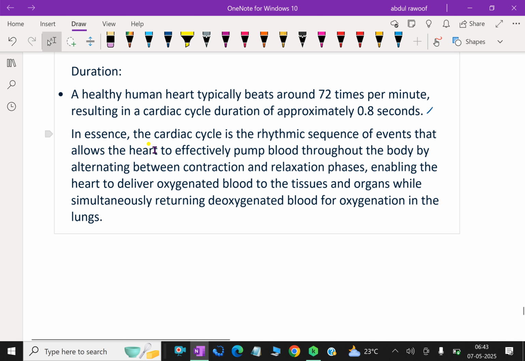In essence, the cardiac cycle is the rhythmic sequence of events that allows the heart to effectively pump blood throughout the body by alternating between contraction and relaxation phases, delivering oxygenated blood to the tissues and organs while simultaneously returning deoxygenated blood for oxygenation in the lungs.